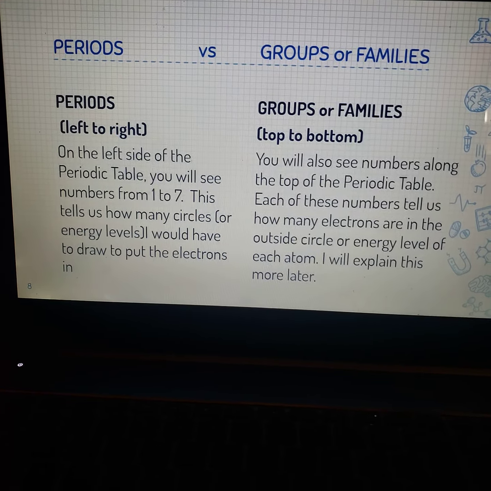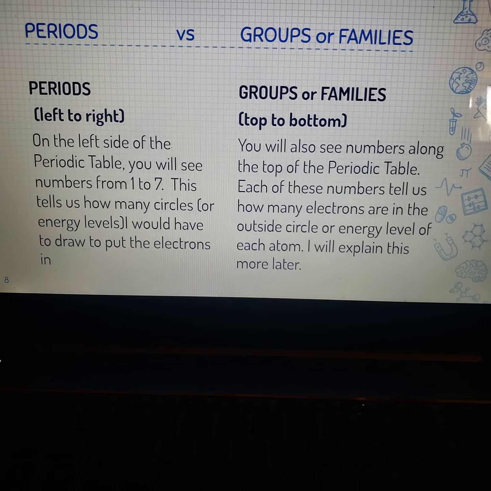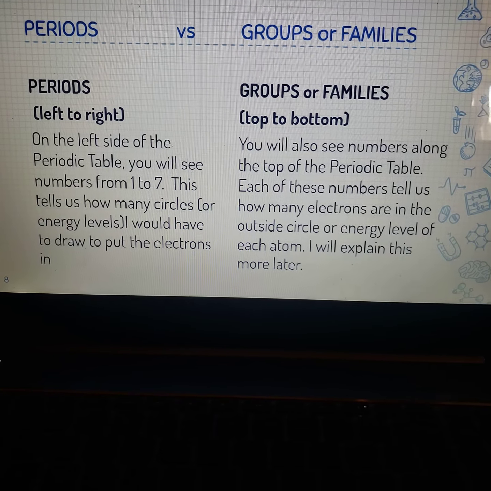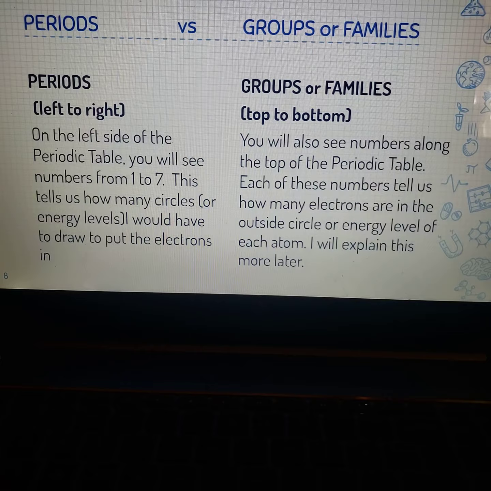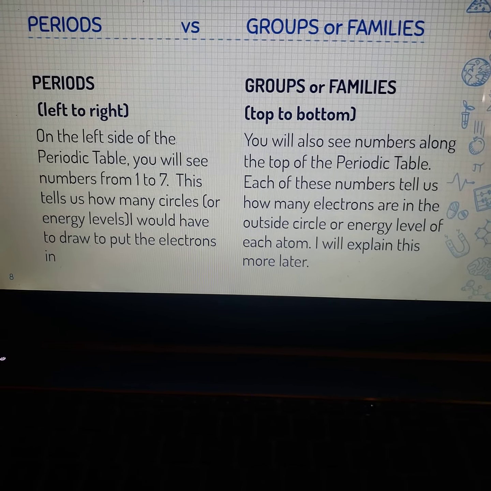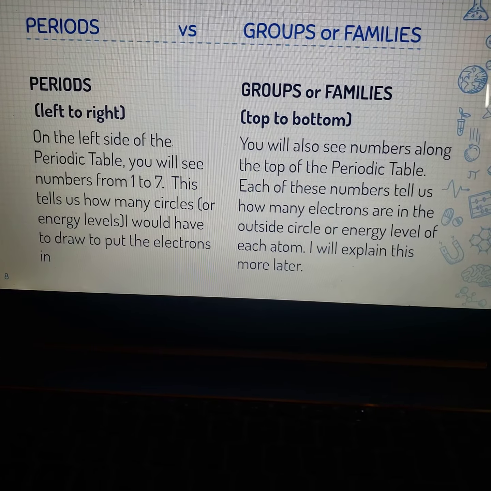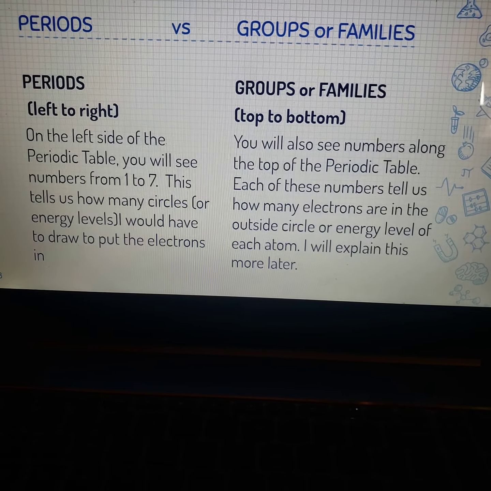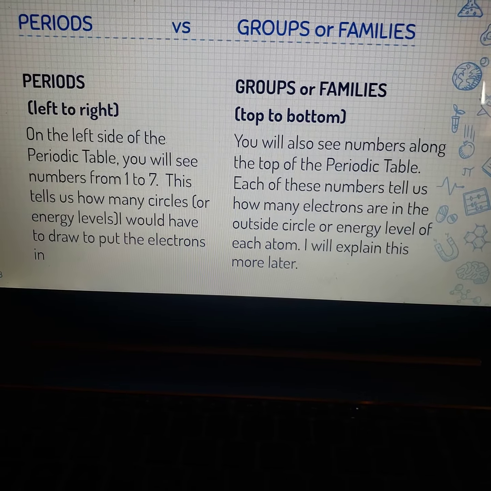So I want to show you some of the differences between periods and groups. Periods are numbered on the left-hand side or the right-hand side, but normally they're on the left-hand side of the periodic table, and you're going to see numbers from 1 to 7. Well, what do those numbers mean?